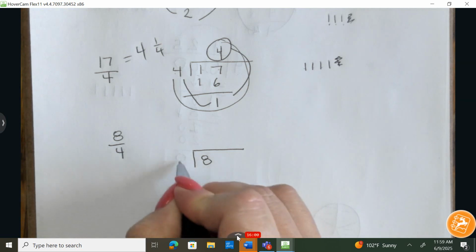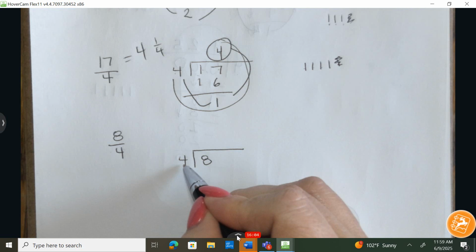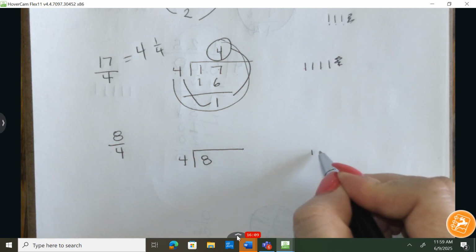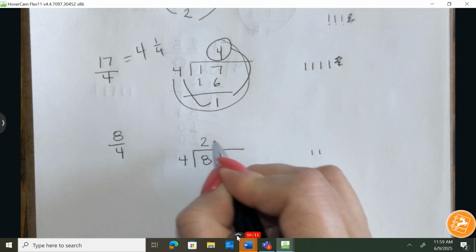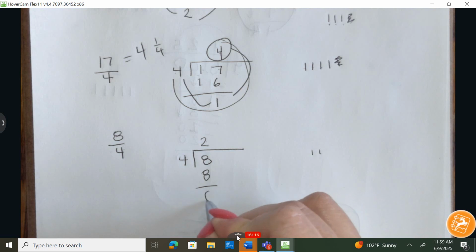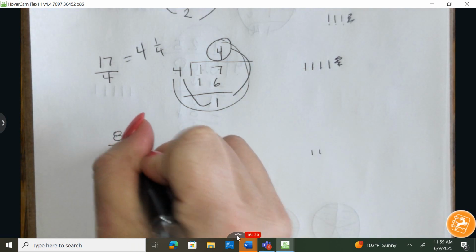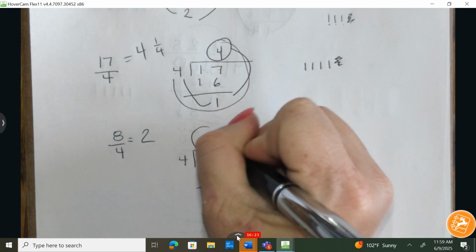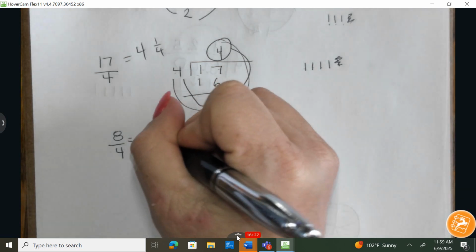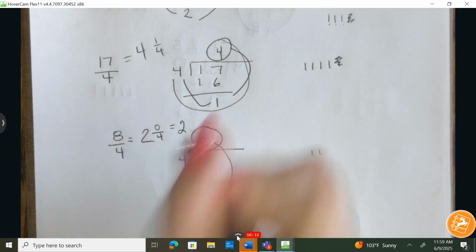The denominator is 4, and we ask ourselves, how many times does 4 fit into 8 without going over? 4, 8, twice, exactly twice. I chose the value, I multiply, I subtract. Now, there is nothing wrong with writing this as 2, that's your whole portion, and then 0 over 4. Nothing wrong with it at all. You could also simply write it as just 2.